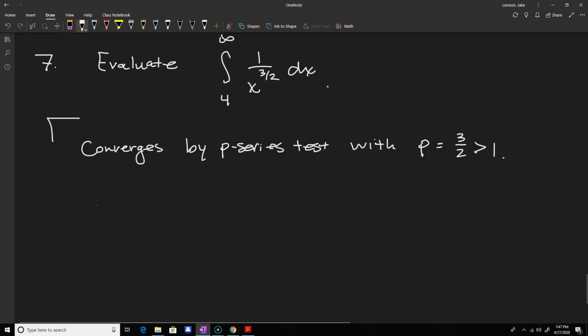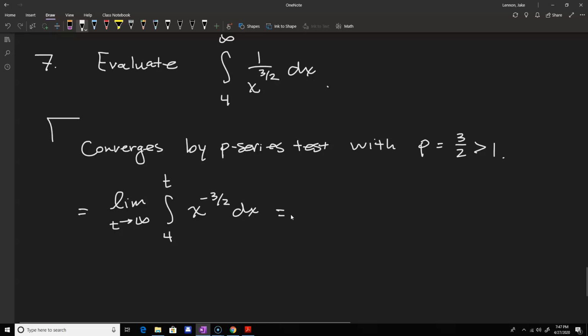Okay, so now we want to find out what it actually converges to. So we want to basically do the integral by replacing infinity with a limit as t goes to infinity. So this is going to be the limit as t goes to infinity of the integral from 4 to t of, and again, usually it's useful to rewrite this as x to a negative exponent.